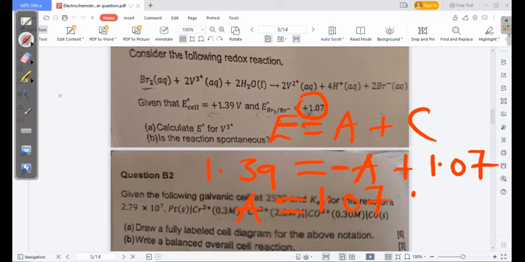Do we have the addition or the subtraction? 1.07 minus 1.39. What answer do we get there? Negative 0.32 volts. Okay, so that is fine as our solution to that question.